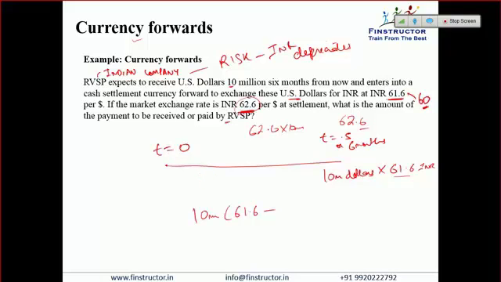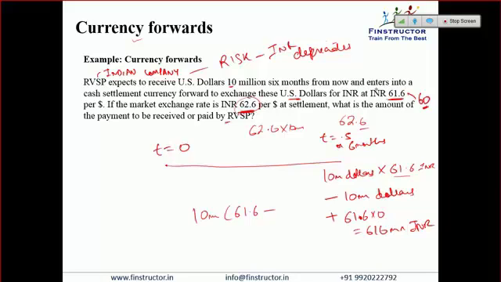So the agreement is that RVSP at T equal to 6 months will deliver $10 million and receive 61.6 into 10, that is 616, not 61.6, 616 million INR.